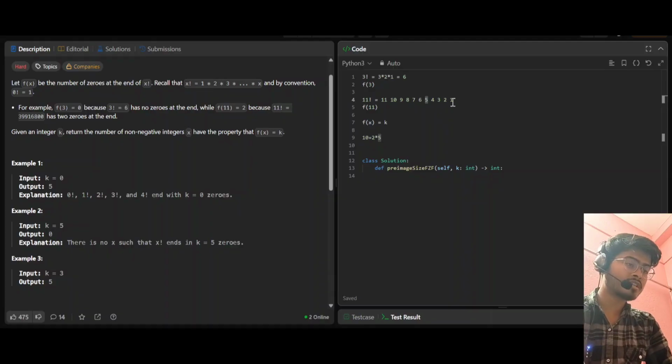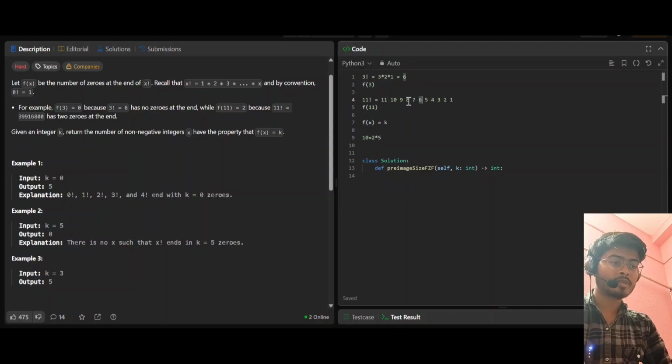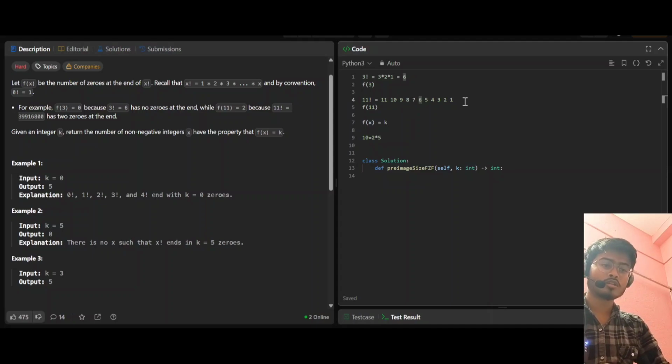How many 2s are there? One 2 is here, one 2 from 10, and 4 can be broken into 2 into 2, so that's three 2s. Also 6 can be broken into 3 into 2, and 8 can be 2 into 2 into 2. That's why there are many 2s here. There are usually many more factors of 2, but factors of 5 are fewer. Therefore, the number of trailing zeros is determined by the number of factors of 5.